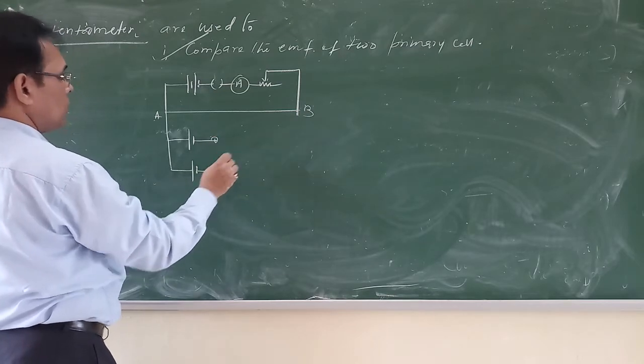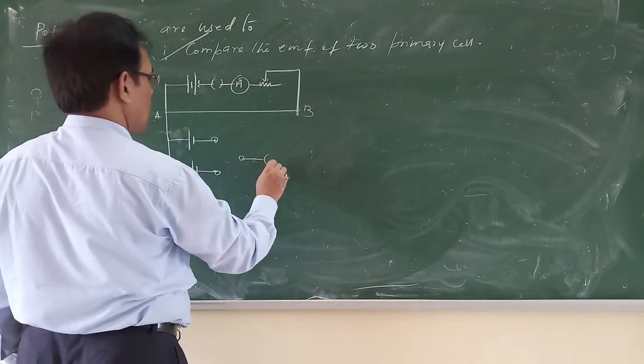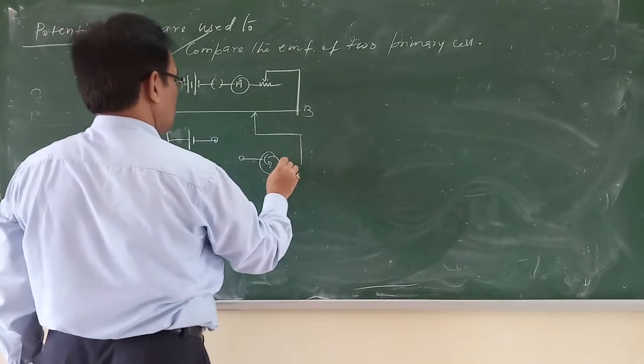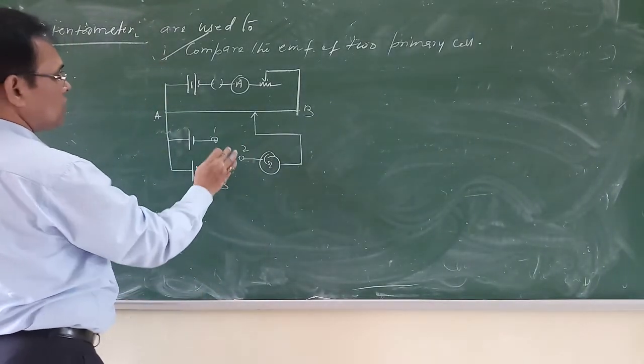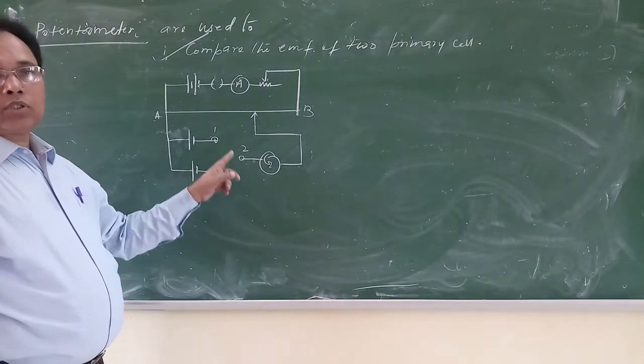This is the circuit diagram: 1, 2, 3. This is called a two-way key. 1, 2 gap and 2, 3 gap.